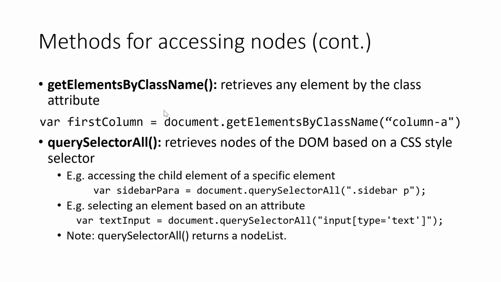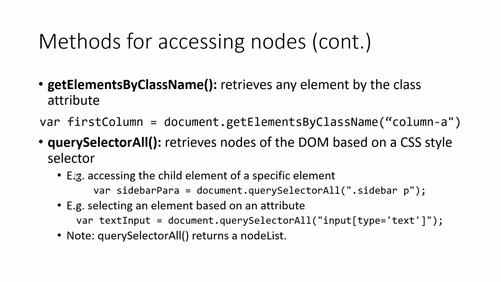Then, in CSS, we discussed defining classes. So you can get the element by class name, if you have a class attribute. For example, document dot get elements by class name, column name, which will be put into a variable called first column. And query select all is based on CSS style selectors.